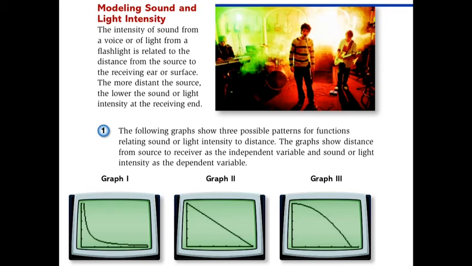In this third one, as you move away from the source, the intensity gradually drops off until you're farther away, and then it sharply drops off at the end, going down to zero. We're going to try and figure out with a little investigation which one of these seems to be the most like the real situation. We'll come back to these three graphs when you're working on problem 2.